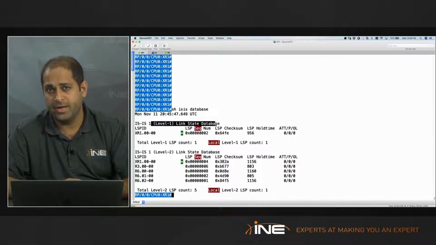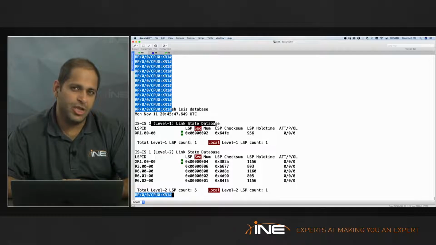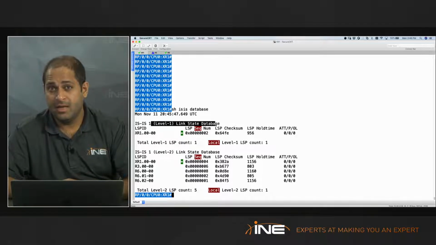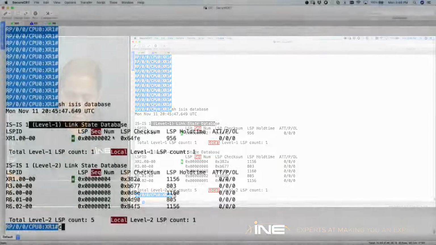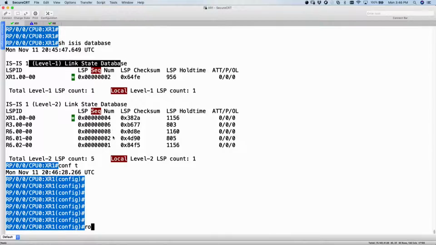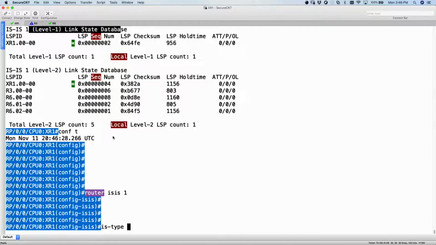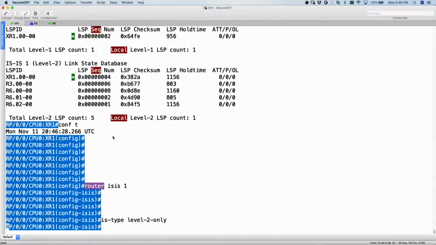So what I'm going to do right now is go back to XR1, change the IS type to level 2 only, and then we can see the database again to check if we are maintaining level 1 or just level 2. So router ISIS, and let's give the command IS type level 2 only.